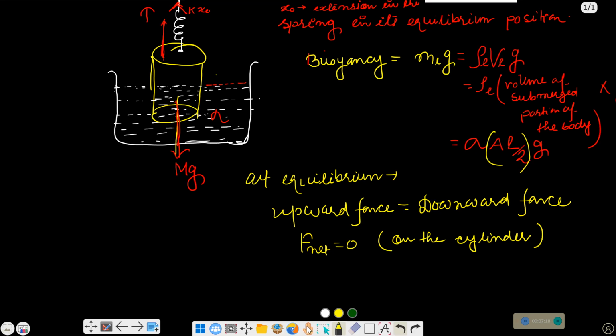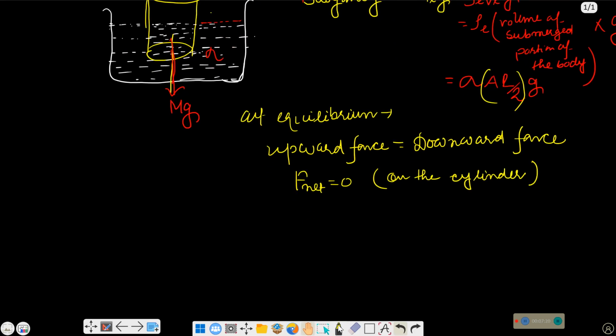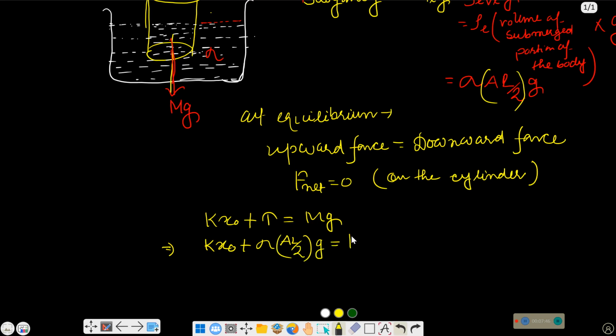So if we put this in, we have kx naught plus buoyancy force is equal to mg. This implies kx naught plus sigma A L by 2 into g is equal to mg.